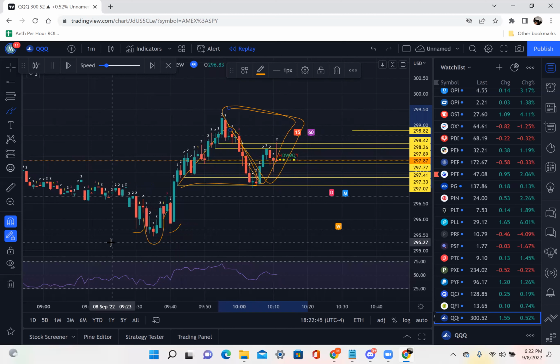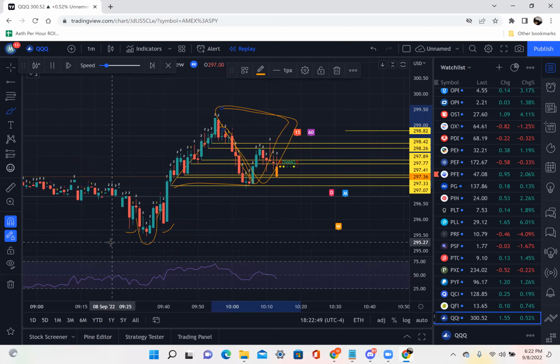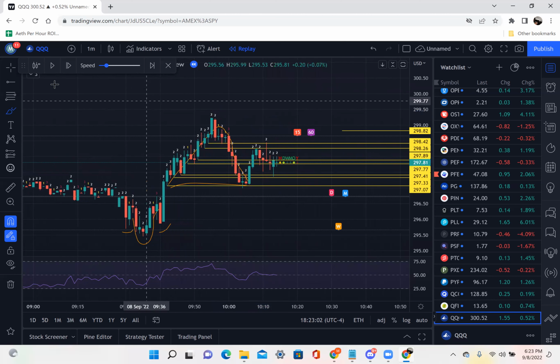Cup and handle. Failed. Triangle day out right there to the bottom. Oh, dang. Pause it. You see it right here? This triangle day out. Let me delete all this. Let me delete this one too so it doesn't throw us off.